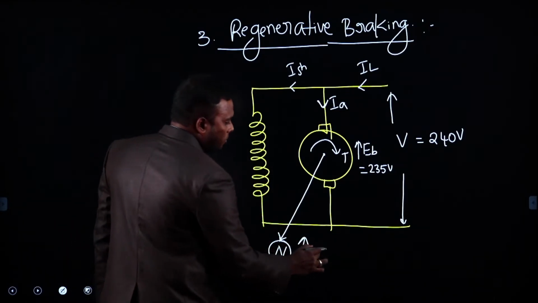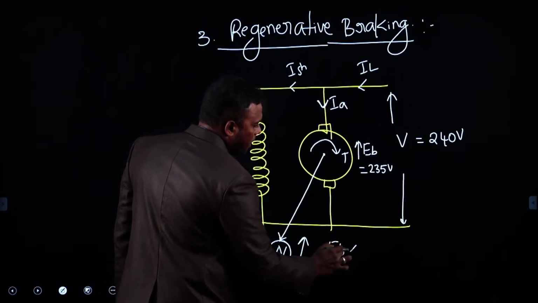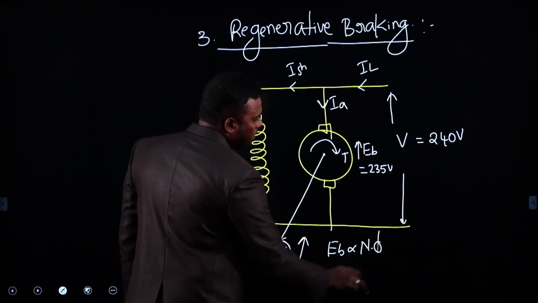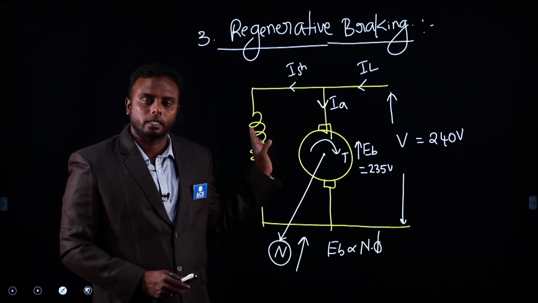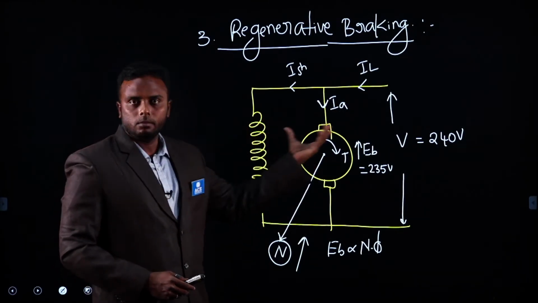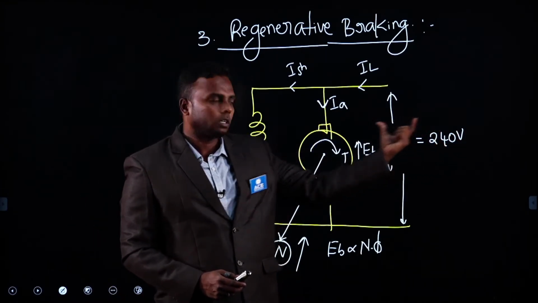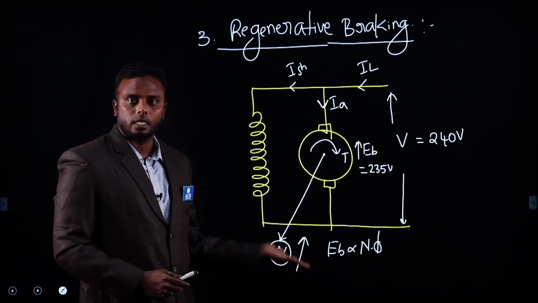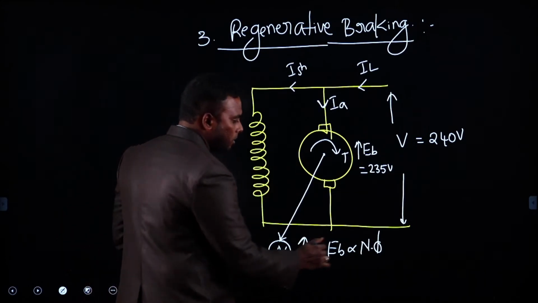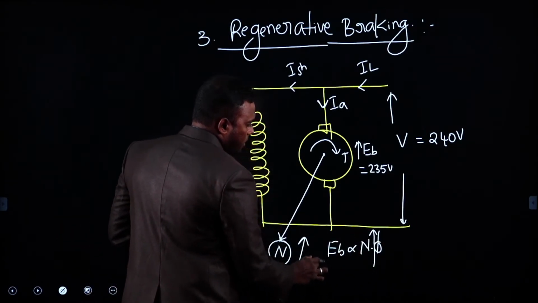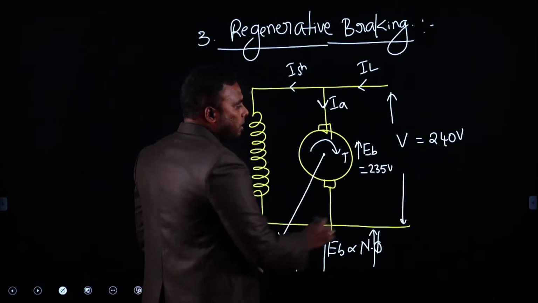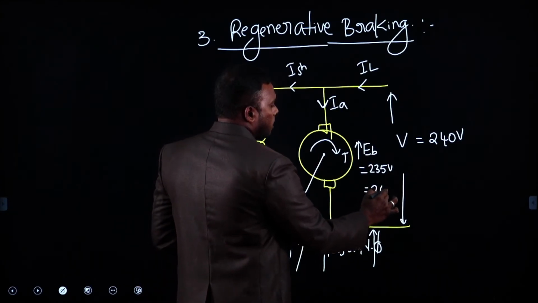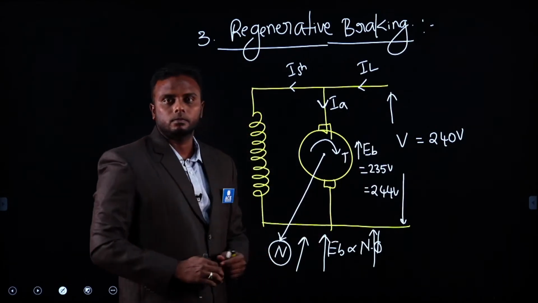What is the back EMF proportional to? N into phi. The EMF induced in the armature depends on speed and flux. Flux remains the same because the supply voltage is the same, but the speed suddenly rises, so EB increases. Previously it was 235, but now let it become 244, for example.